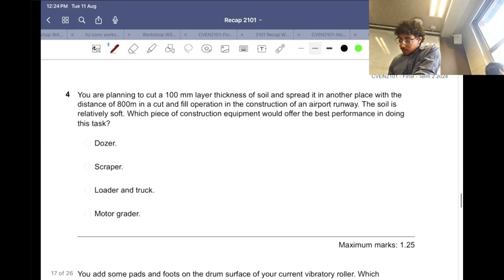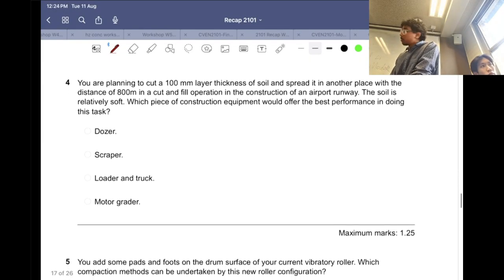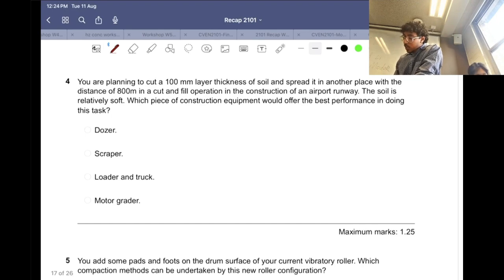Question 4. So you're planning to cut a 100 millimeter layer thickness of soil and spread it in another place, at a distance of 800 meters, in a cut and fill operation. The soil is relatively soft, right? Which one would you want to use this time?